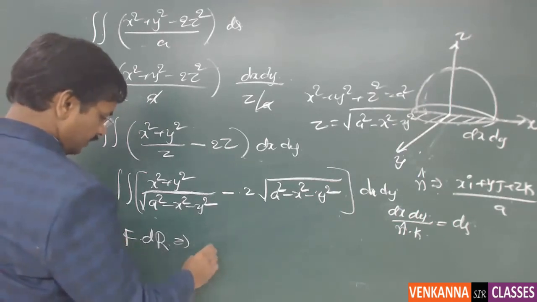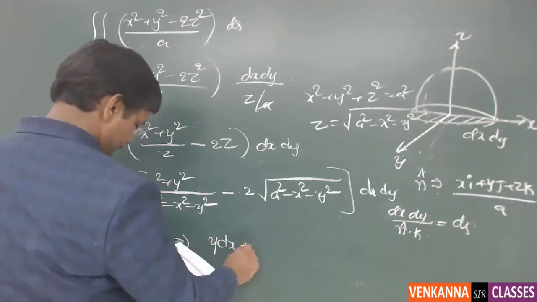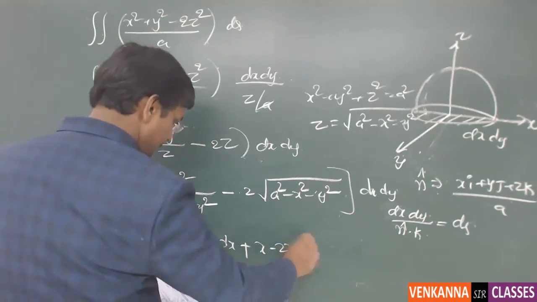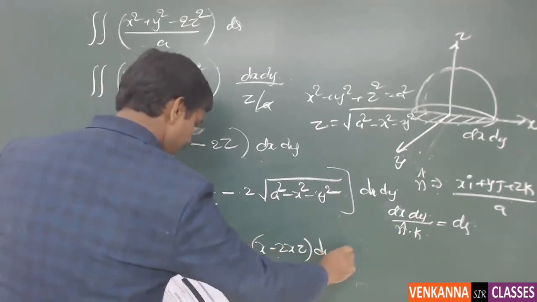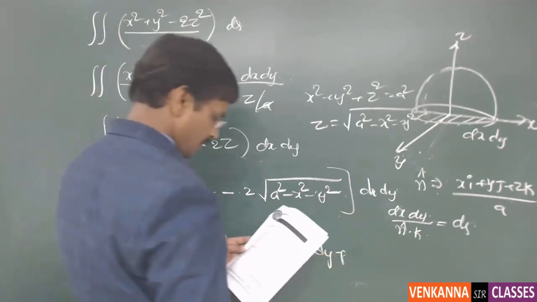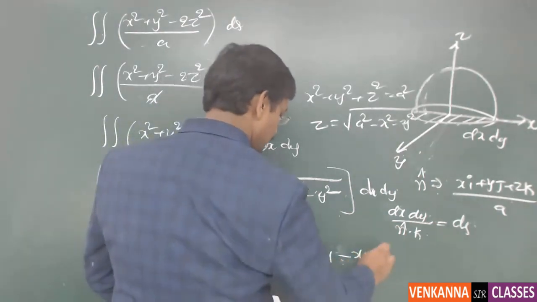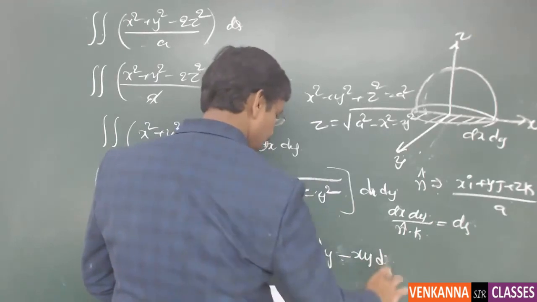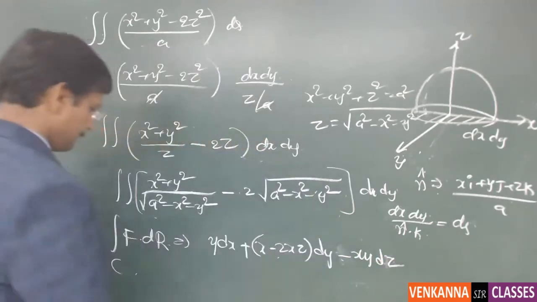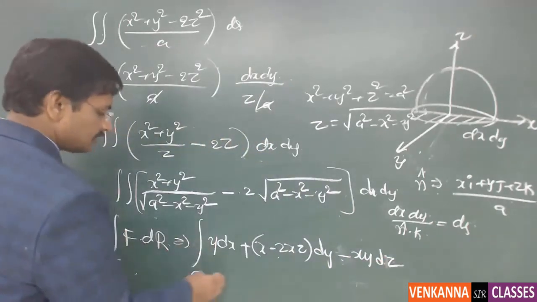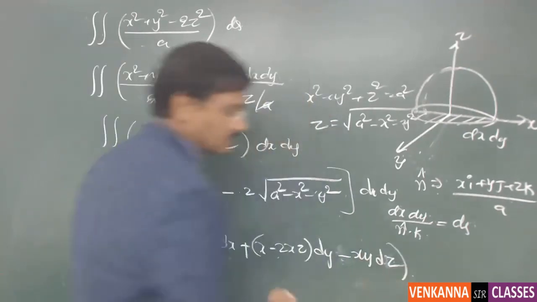So F dot dr is y dx plus (x minus 2xz) dy minus xy dz. So this is for the circular contour. So try this one and let us check.